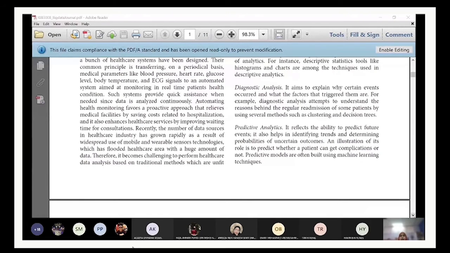So for example, during this situation, what are the things that you would like to predict? Mostly to predict how the trends for COVID-19 cases will be in the future. Okay, that's good.